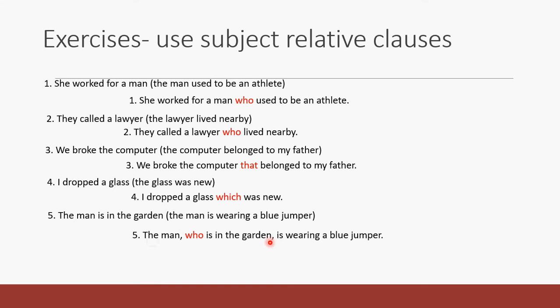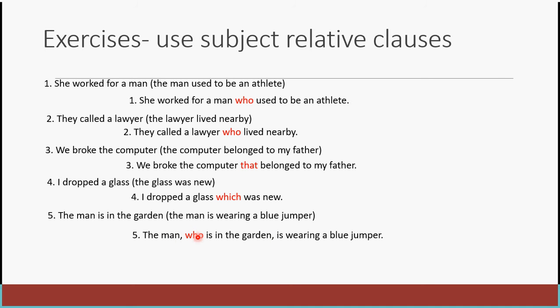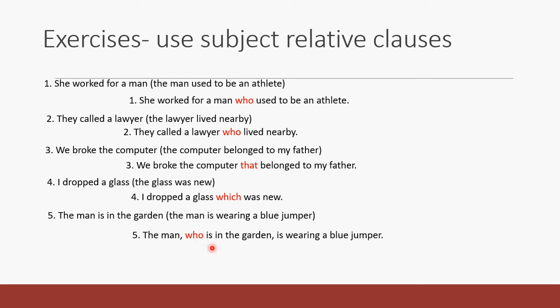We can say the man is wearing a blue jumper, or the man who is in the garden is wearing a blue jumper. So in this case, I am not considering this information to be important or relevant for my sentence, so I am using the commas because it's the only man in the garden. So notice here how we can use the relative clauses from the two groups in the same example.